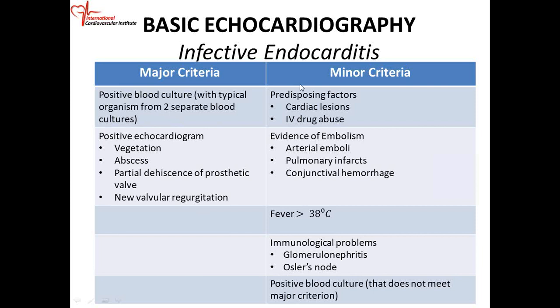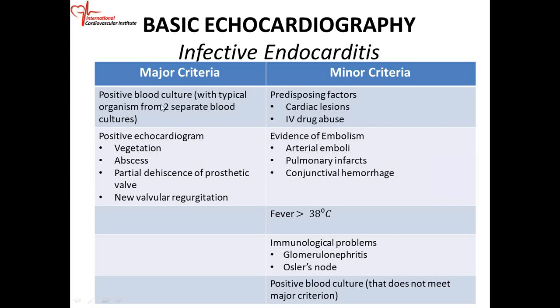So you see, you have multiple minor criteria. So to make the definitive diagnosis, if you have 5 of these, you can make the diagnosis. So the patient may have an underlying rheumatic valvular problem. You see, the patient may have pulmonary infarcts, temperature, Osler's nodes. Okay, so once they have 5 of these, that makes the diagnosis.